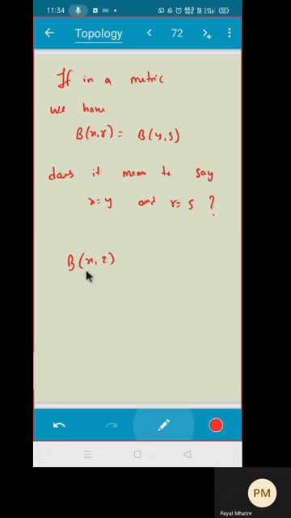You are saying B(x, 2) and again B(x, 3). So in this case you see that x is equal to x, but 2 is not equal to 3. Can you give me any other set in which the center is different, but the set is equal?